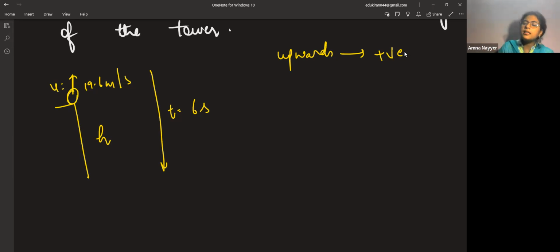Let's say upwards I have chosen negative, so I'm getting -4. You have chosen upwards positive, so you are getting +4. Both the answers are right. But if you do not mention your sign convention, how will we know whether your -4 is upwards or downwards? So always mention this first whenever you have motion under gravity.